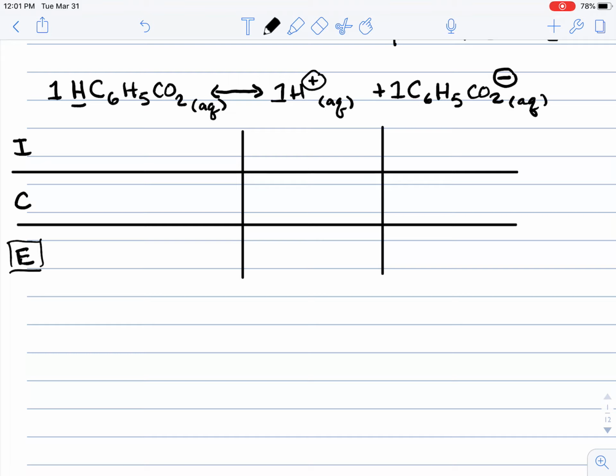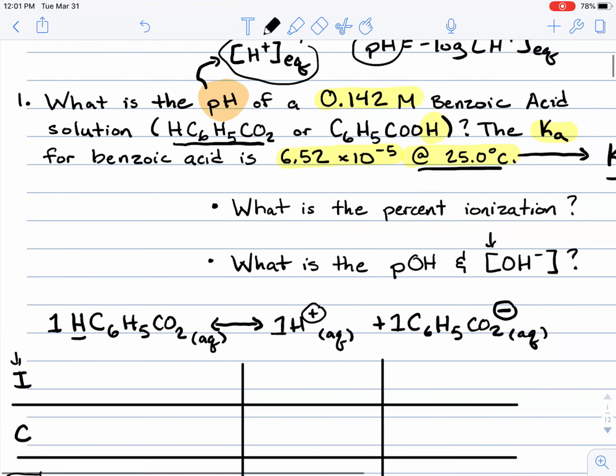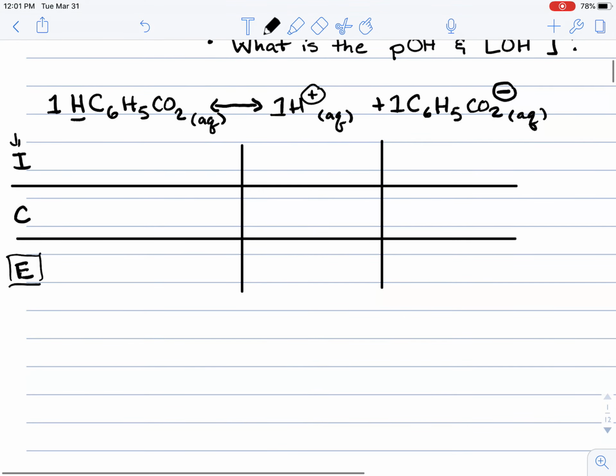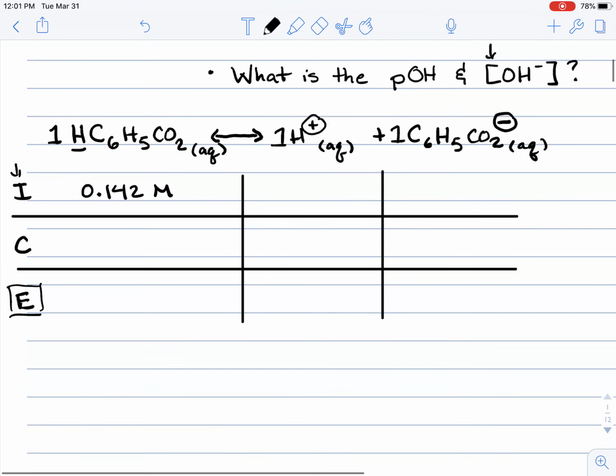Let's take a look at I, or the initial concentration. The initial concentration of benzoic acid is this 0.142 molar concentration. So we're just going to put that down, 0.142 molar. Now in the problem, it didn't really indicate what the initial concentration of hydrogen ion is, or that of benzoate. And so we're just going to put a horizontal line to represent that nothing is there.